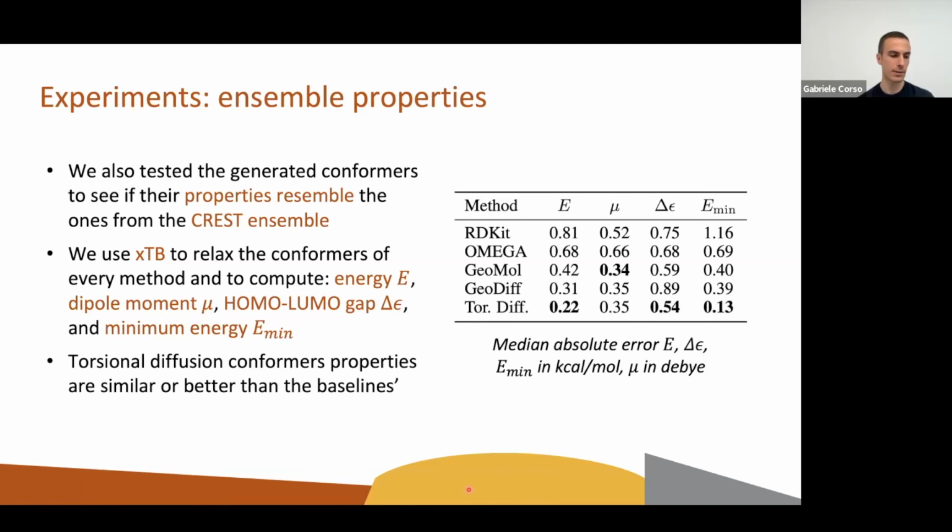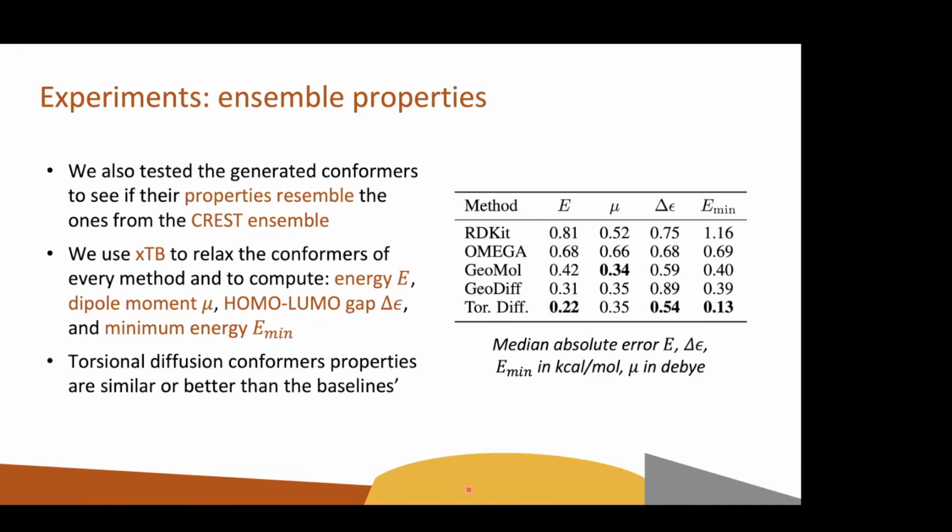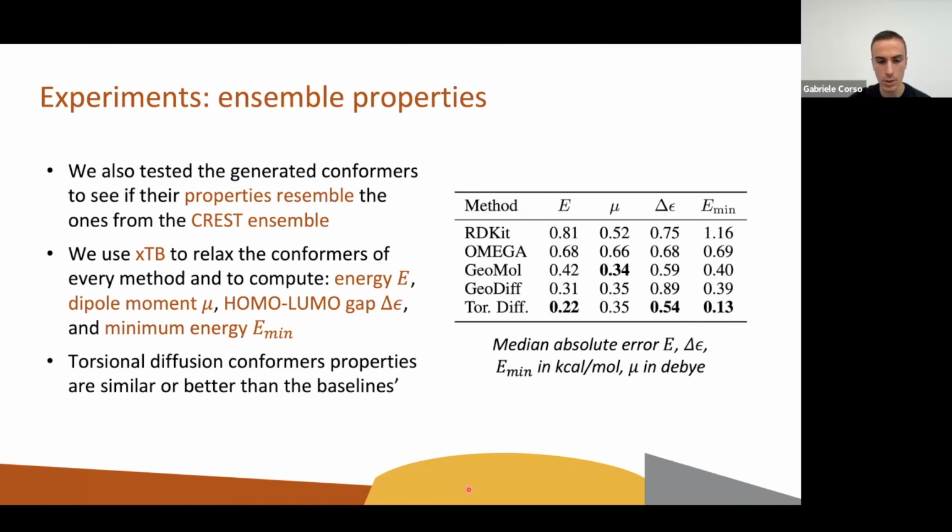Sorry, just to follow up quickly, we don't use RDKit as a training signal. We use RDKit local structures adapted to the ground truth conformers. If you look at the distance between RDKit's conformers and the ground truth, it's 1.5 Angstrom.